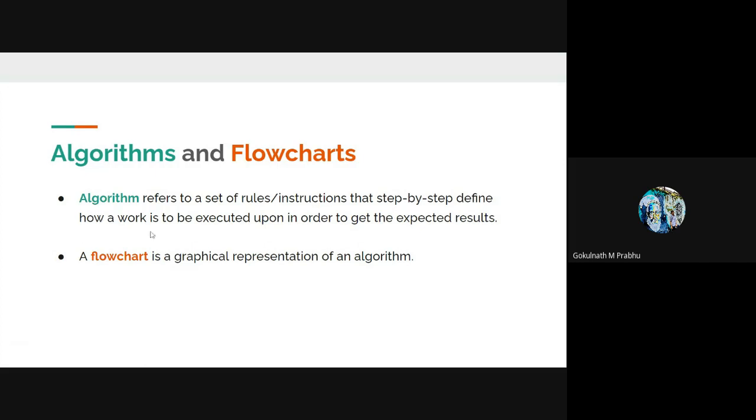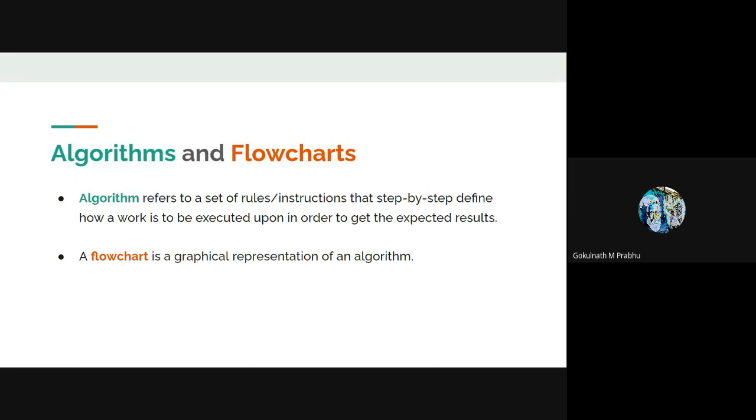So then what's a flowchart? So a flowchart is something a little bit different, but it conveys the same idea to the end user. So in an algorithm, there's a step-by-step set of instructions that gets executed one by one. But a flowchart is actually a graphical representation. So what that means is that we'll draw many boxes, and we can actually show the flow in which our program will execute.